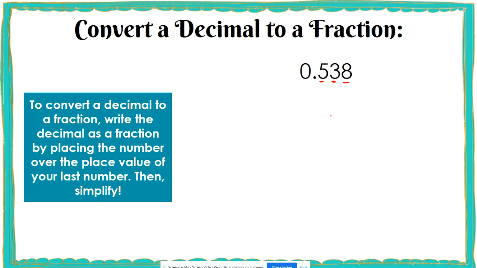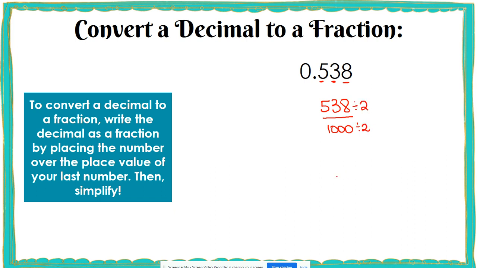So I would write 538 thousandths as 538 over 1,000. Now I can simplify. The last step I always need to do is simplify to make sure that I have this in simplest form. I see that these are both even numbers, so I can divide both of these by 2.